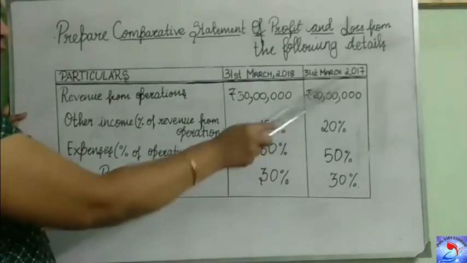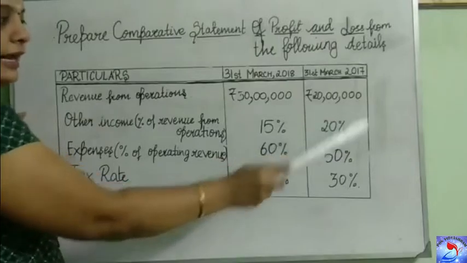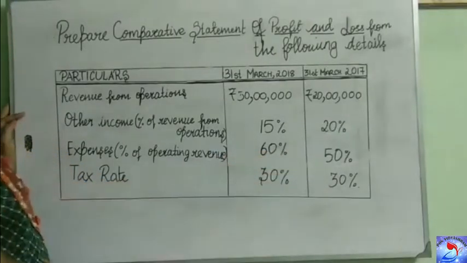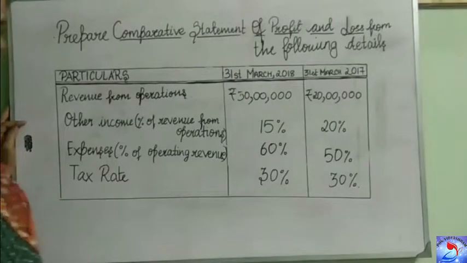For 2017, calculate 20 lakh into 50 by 100 to get the expenses. The tax rate is 30% for both 2018 and 2017.